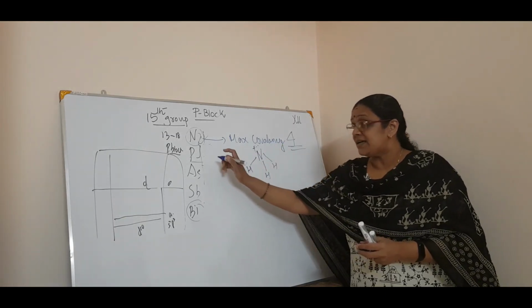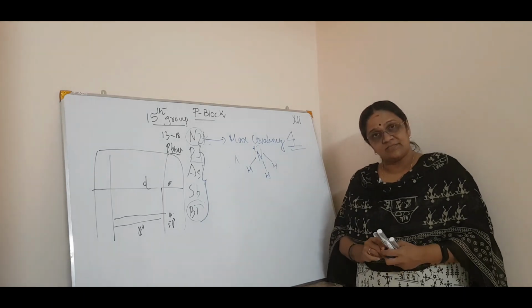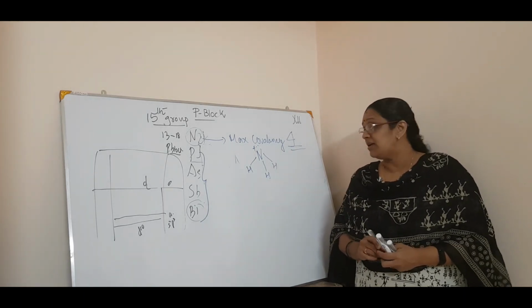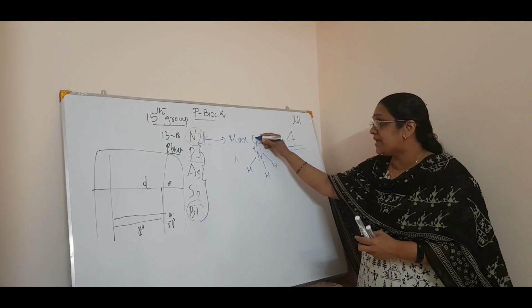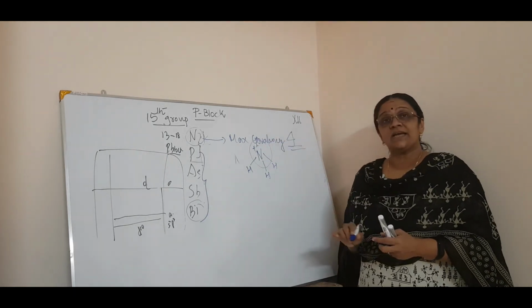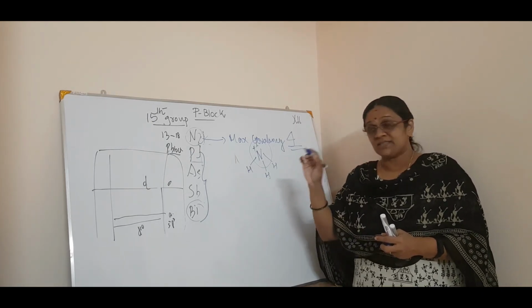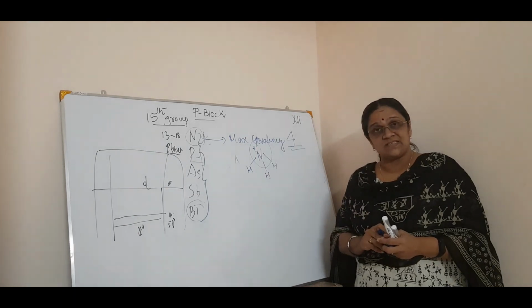But other compounds like phosphorus, arsenic, antimony, bismuth can also have one coordinate bond with hydrogen. So what is the maximum it can have? Nitrogen can have a maximum of 4 valencies, which is the bonds plus the sharing of electrons, isn't it?